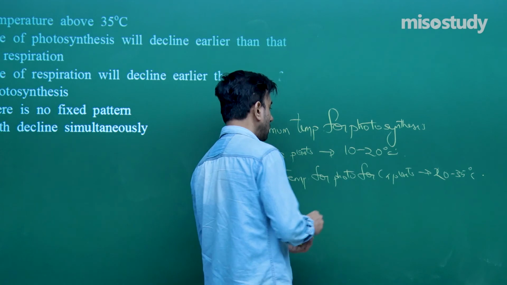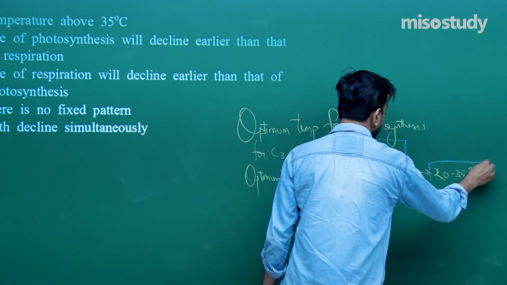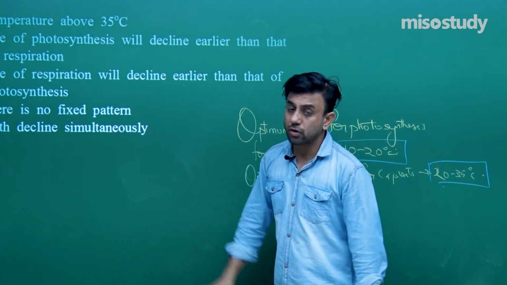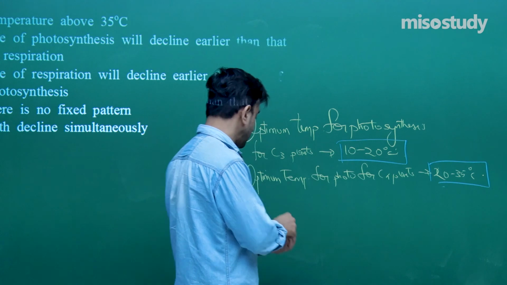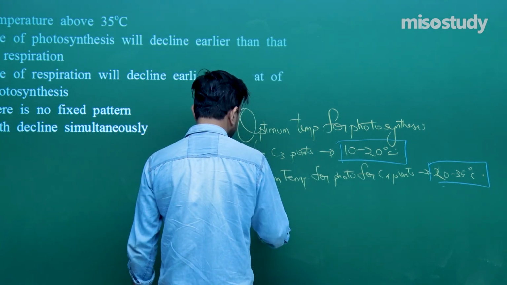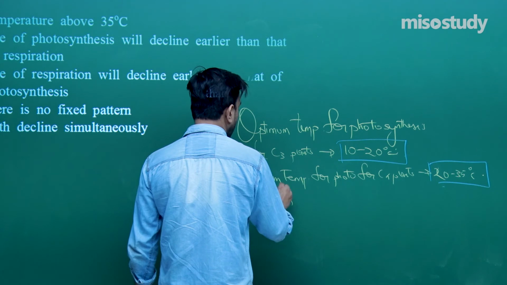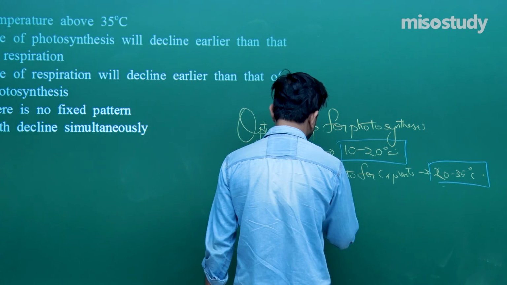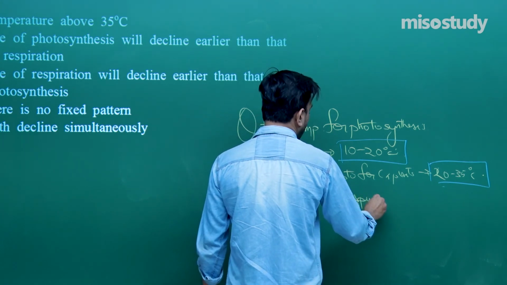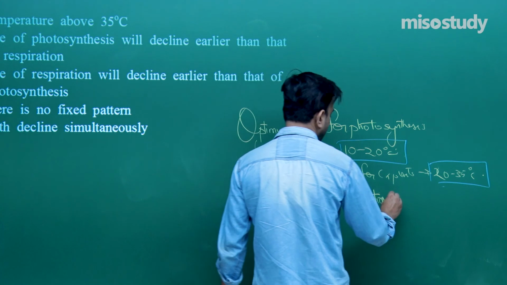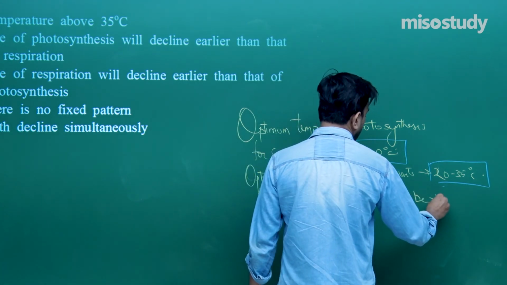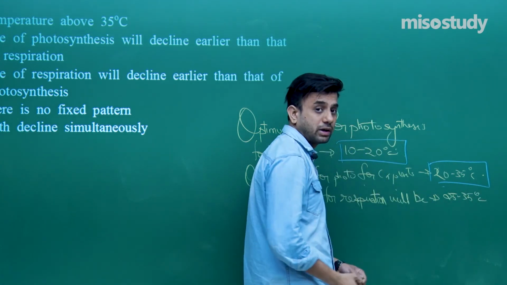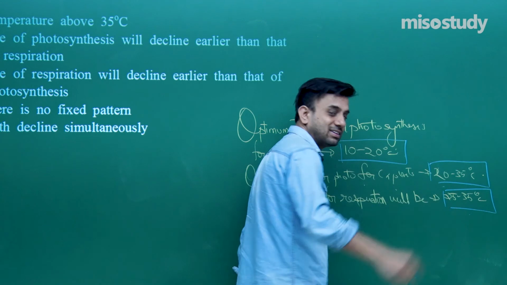The optimum temperature for respiration will be somewhere around 25 to 35 degrees centigrade.